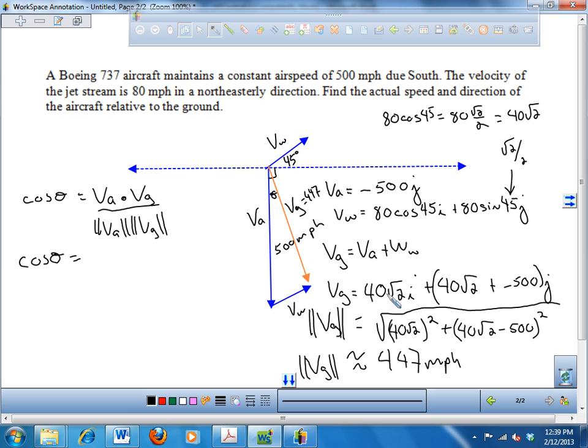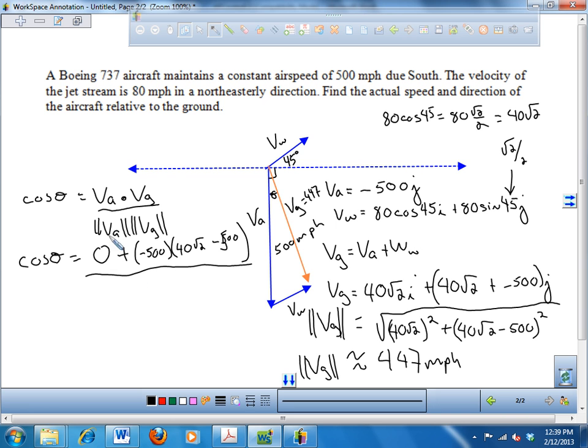So when I dot this i with that I get 0, so the i part gives me 0, plus all I have to do is multiply this times this, which is kind of messy, but you're going to get negative 500 times negative 40 root 2 minus 500. That's a negative number times a negative, which gives you a positive number.